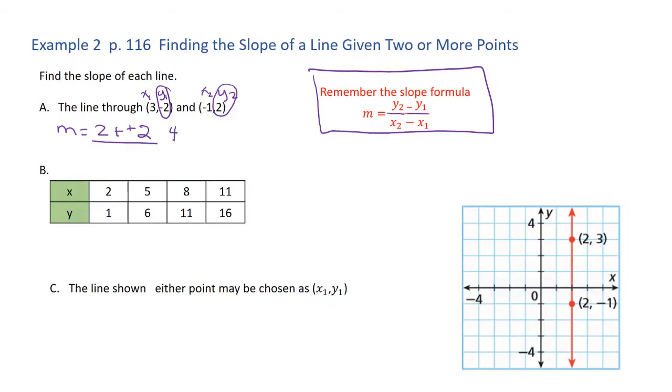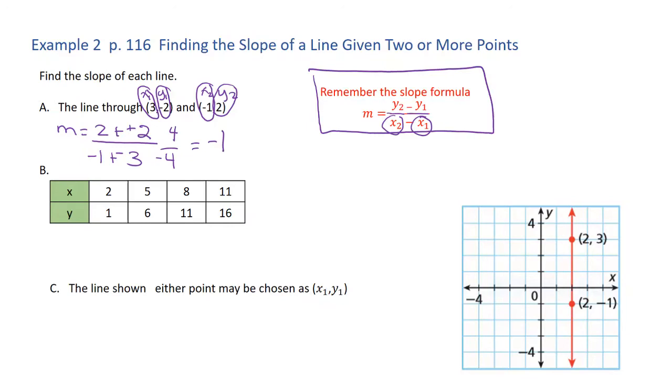Now for the x's, it says x2, which is -1, minus x1, which is 3. Again, plus the opposite, so -1 plus -3 equals -4. And all of that equals -1.